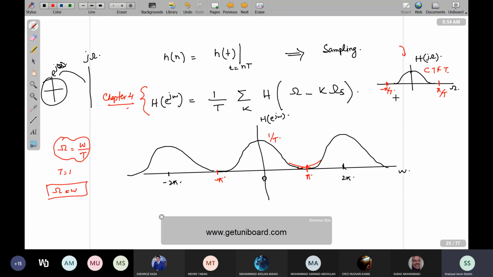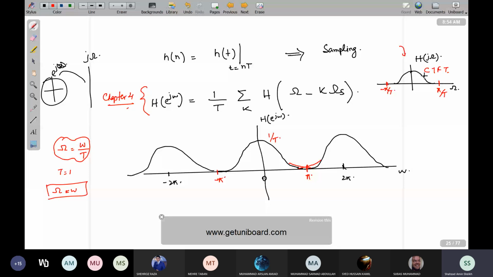Fine, everything is fine as long as the spectrum H of j omega, the continuous time Fourier transform, is band limited to pi over T and minus pi over T, because that's the small omega axis, which is multiplied with T. As a result, everything will be confined to pi and minus pi, and you will have multiple copies.